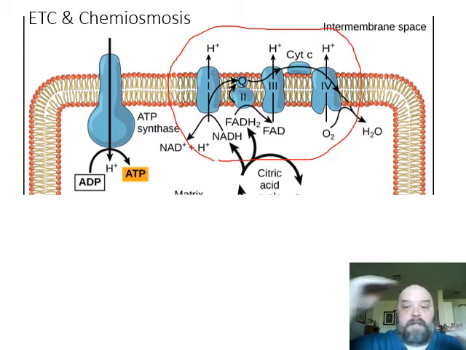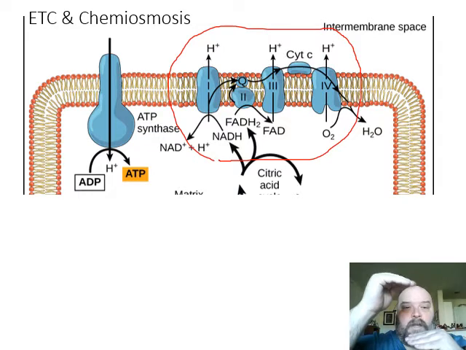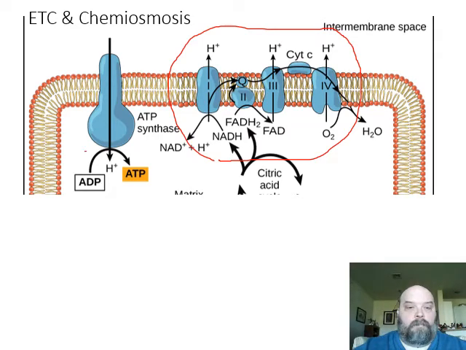In the inner membrane space, extremely high. In the matrix, extremely low. As the hydrogens flow through the membrane from high back down to low, you have this right here, ATP synthase, spinning, slamming together a diphosphate and phosphate.